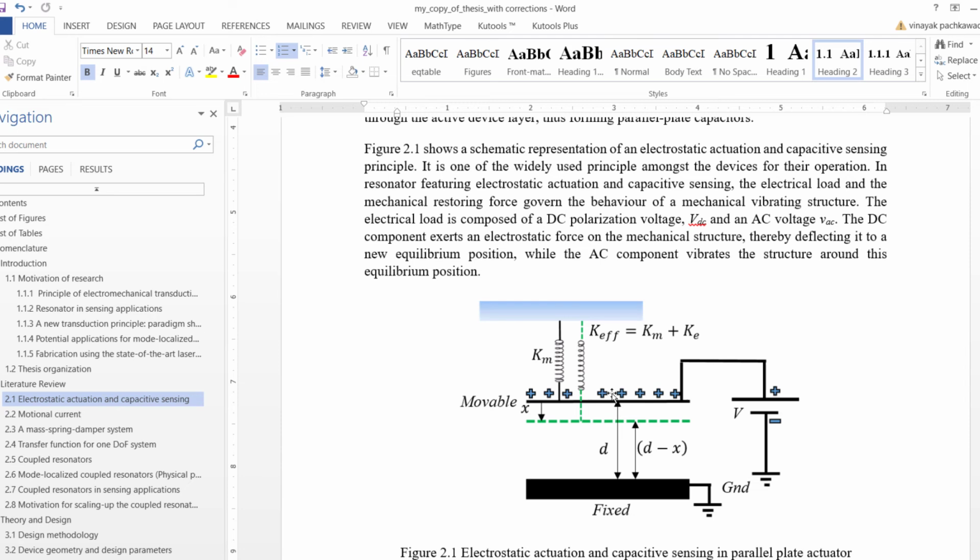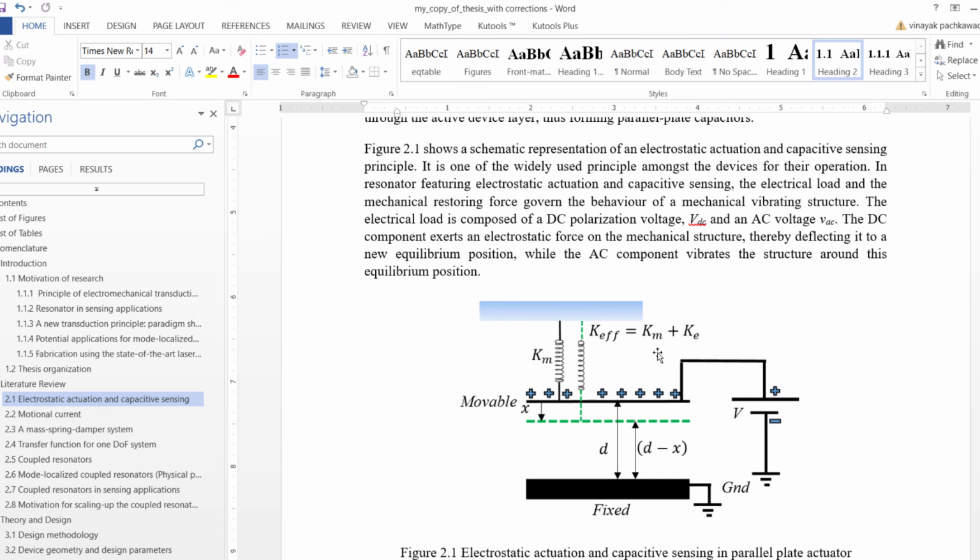So when this top plate is getting displaced by a distance x, this spring is getting stretched over here, indicated by this new representation. And then the effective value becomes Km, which was the original, plus Ke.